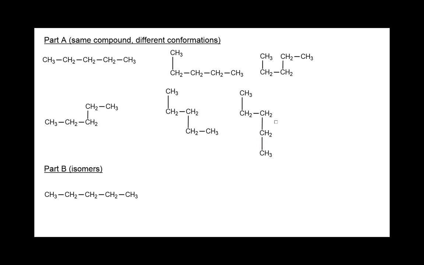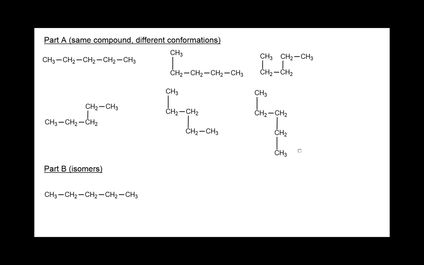Now, if you look very, very carefully, this structure looks a lot like this structure over here. All I've done is take it and rotate it. Okay? It's the same structure. So all of these are identical, and there should be a few more ways that you can twist this around.